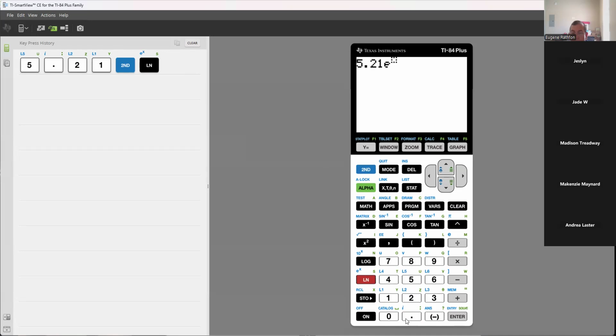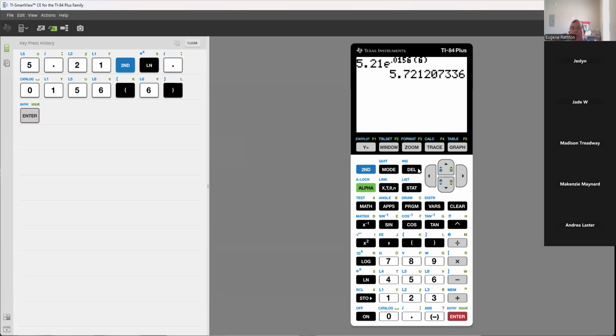And I had 0.0156 times 6 years. Now, since it's growth, we better get more than 5.21 million on this, right? So when I hit enter, I get 5.72.